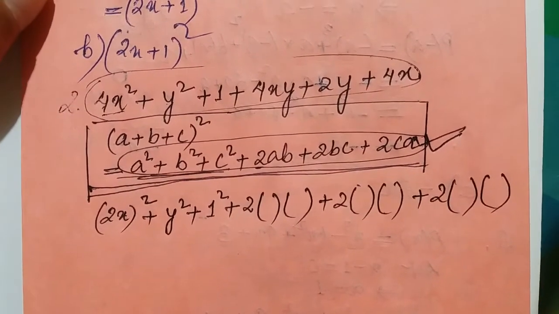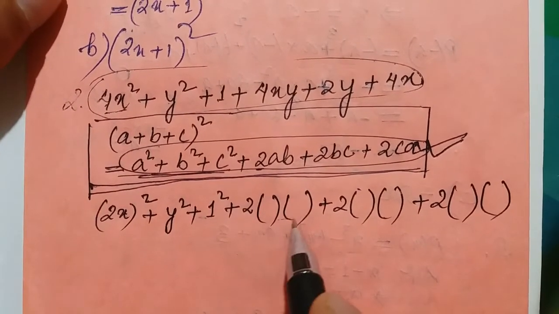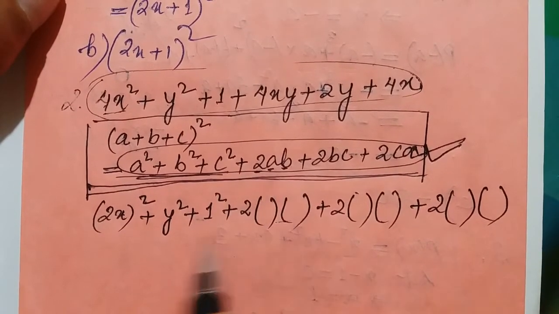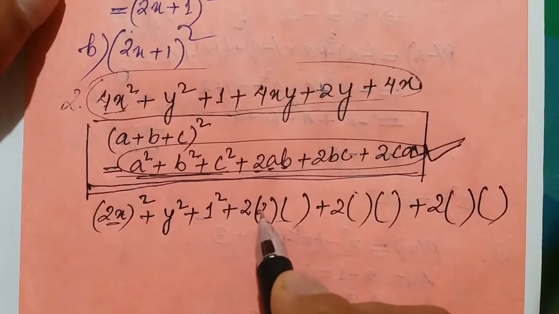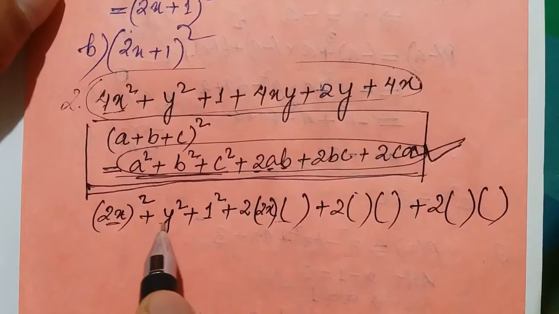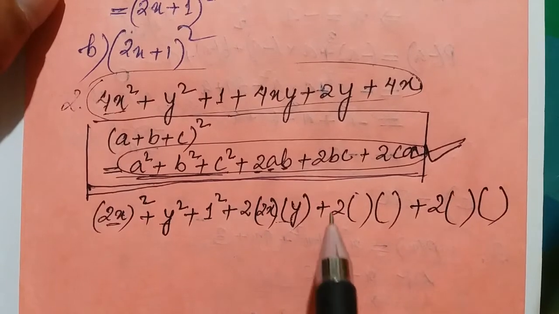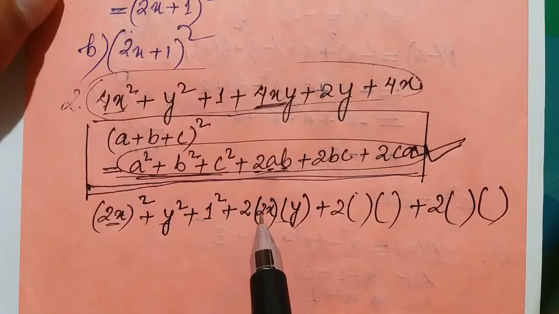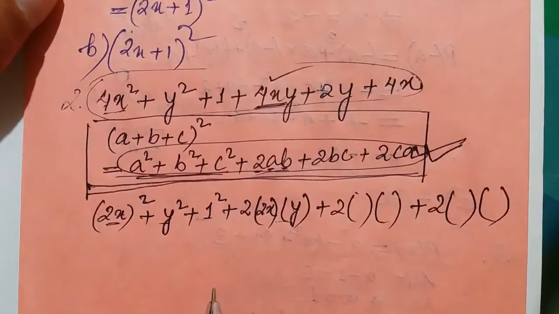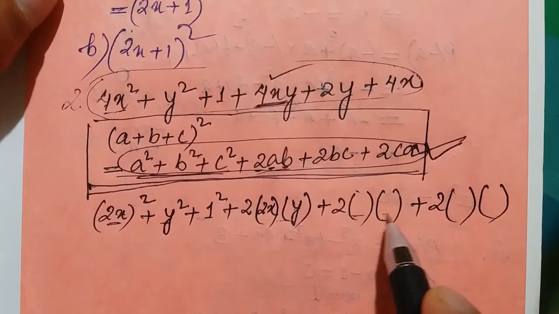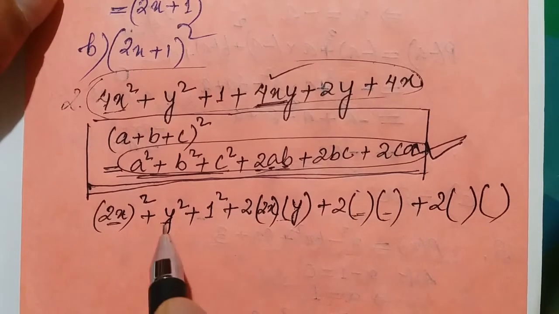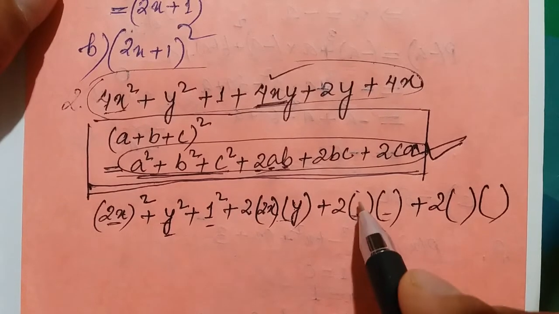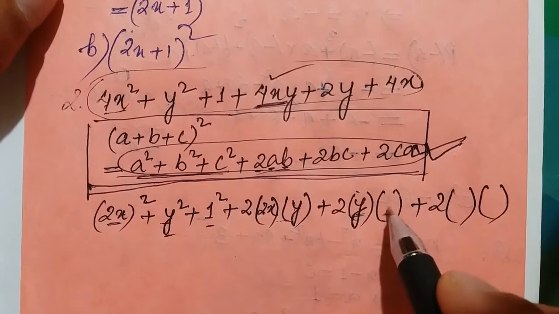Now let's see whether we can get it like this or not. This is ab, so whatever we have here we're going to write here 2x, and whatever we have here we're going to write without the square, and check whether we will get it like this or not. So 2 2s are 4, 4xy, so we're getting 4xy, and then again we will write this one and this one. So here without the square we will write y and then 1 here.